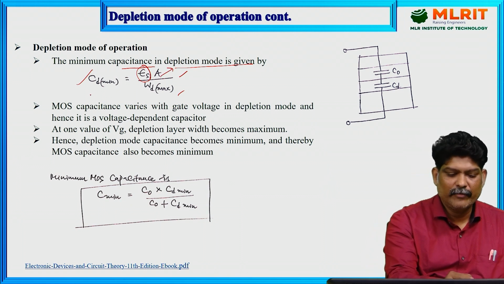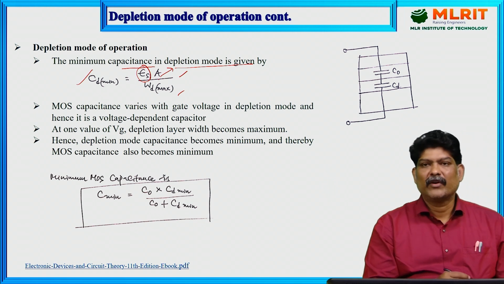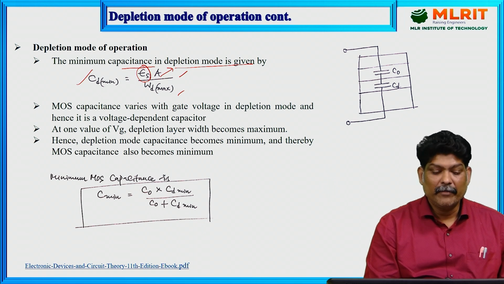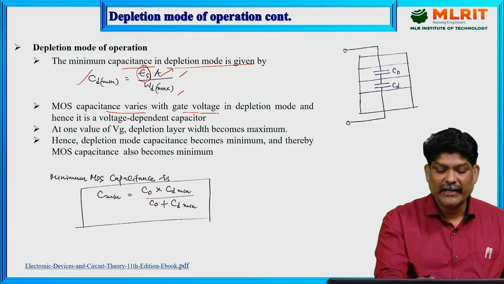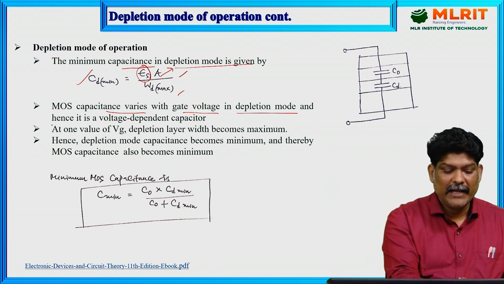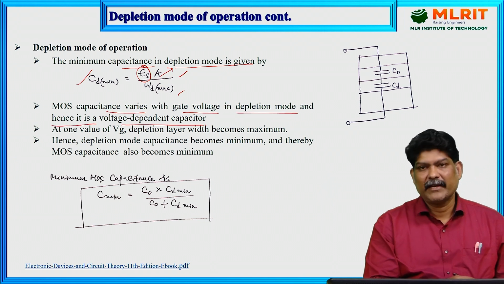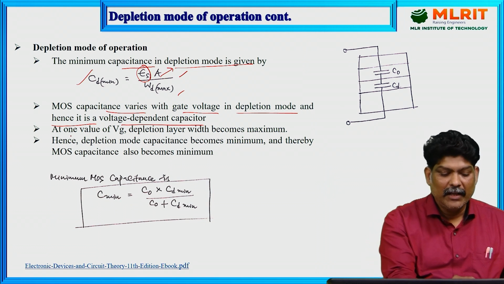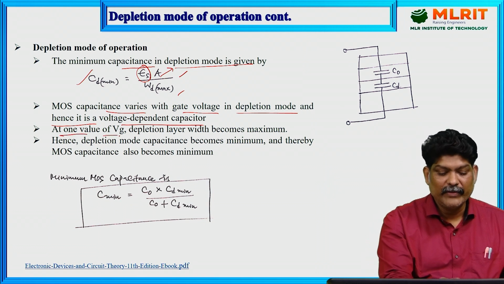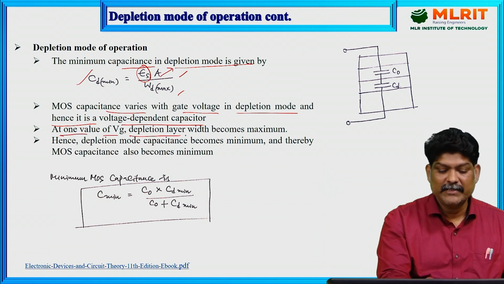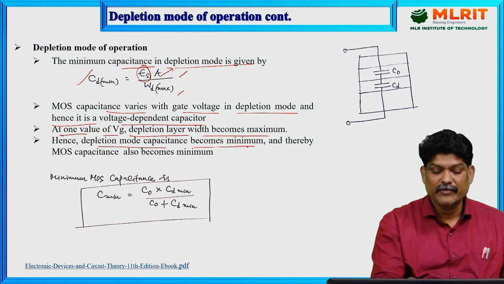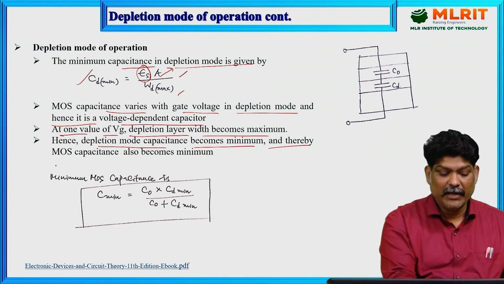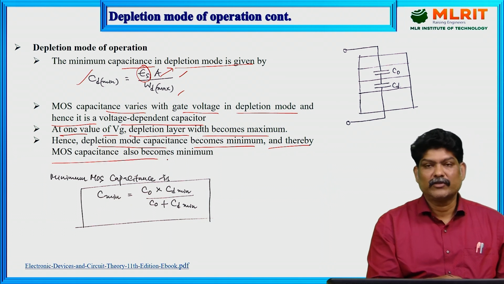So CD minimum equals epsilon silicon into A by WD max. MOS capacitance varies with gate voltage in depletion mode, and hence it is a voltage dependent capacitor. At one value of gate voltage Vg, the depletion layer width becomes maximum. Hence the depletion capacitance becomes minimum and thereby the MOS capacitance also becomes minimum.